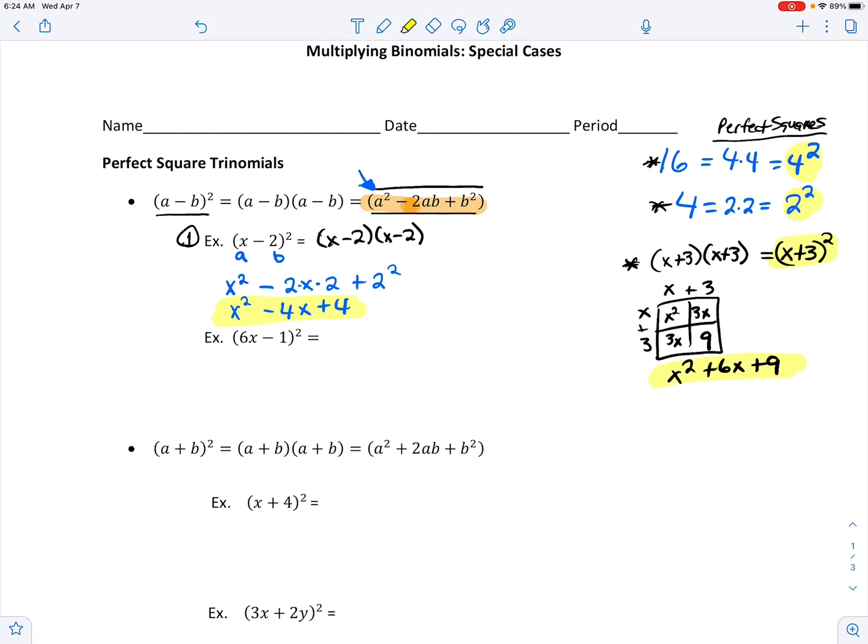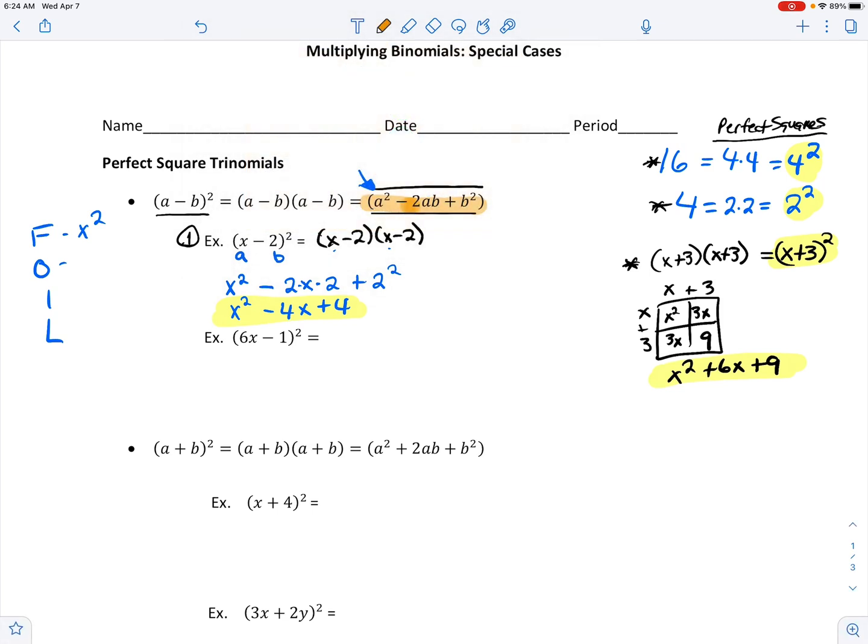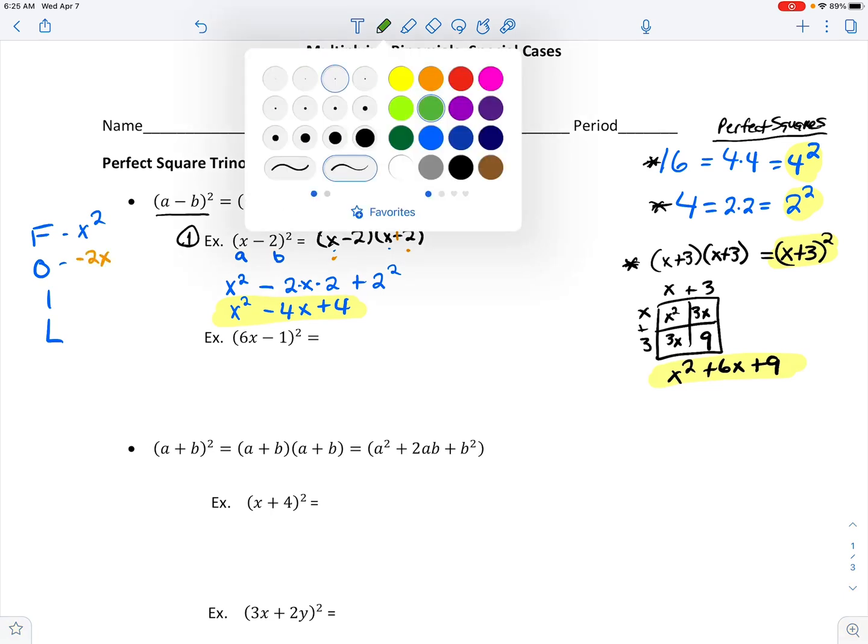So basically, we got shortcuts. Honestly, whether you do the shortcut or not is up to you, because you very well could just use one of your methods, whether that be FOIL or box, and multiply it out that way as well. So where you have your first terms, x and x, that's x squared. And then you have your outer, x and negative 2, so that becomes negative 2x.